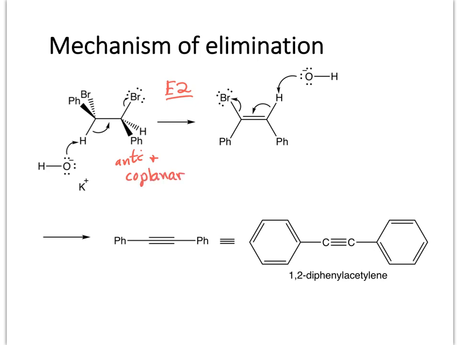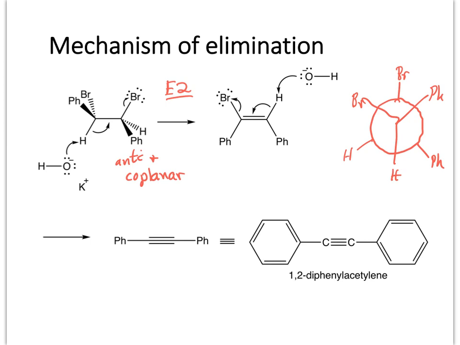If we looked at the Newman projection of this, I can draw it. If I rotate the left forward, that's going to put the phenyl group there, the bromine on that one there, the hydrogen down. That's the left carbon. Then the right carbon, bromine is going to be up, phenyl is going to be there, and hydrogen is going to be there.